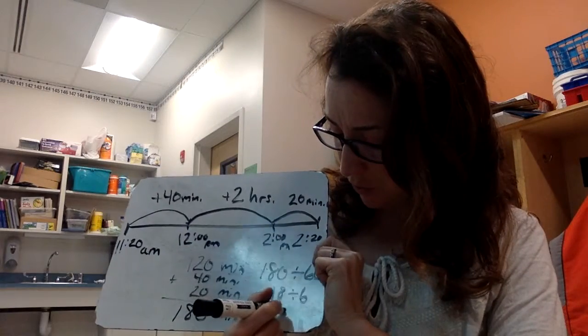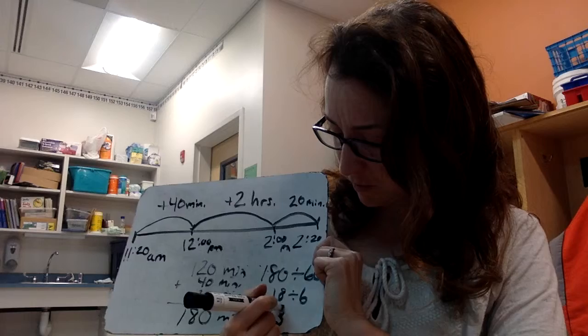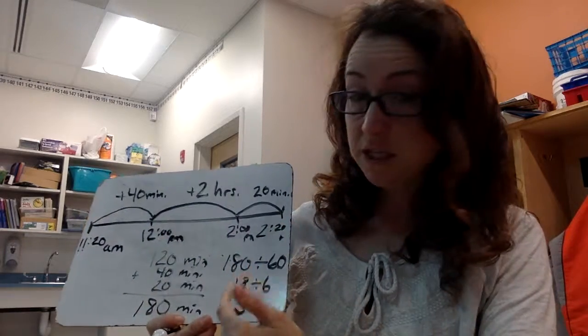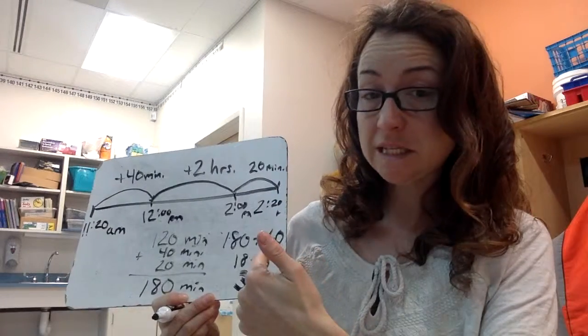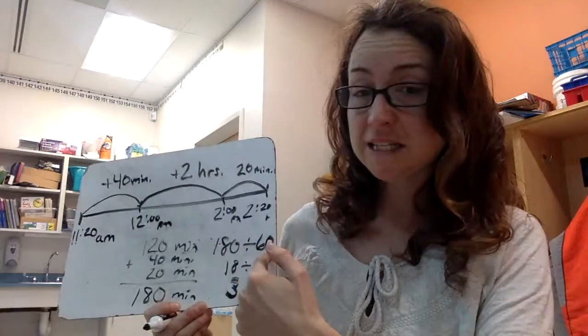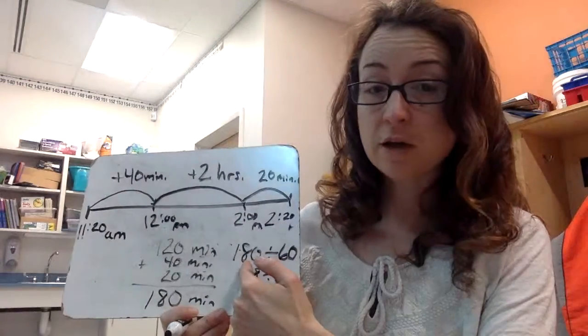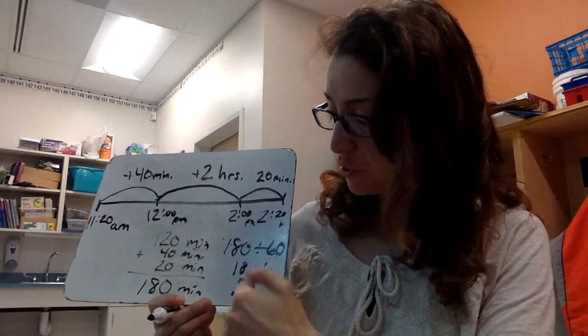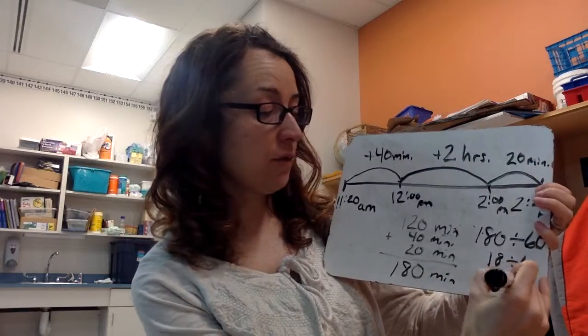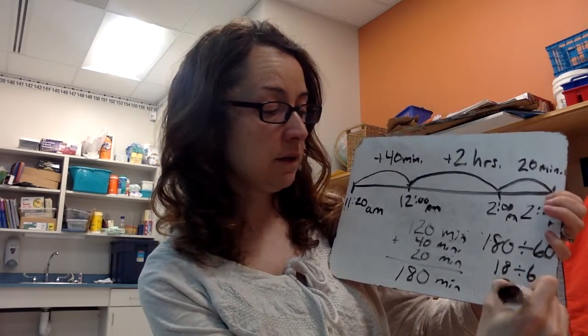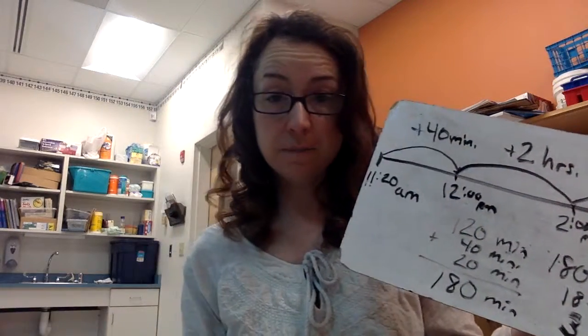So that would be 3 groups of 6, which is actually the same answer as 180 divided by 60. There are 3 60s in 180. So I'm getting the same answer now. So I'm going to say 3 hours is our elapsed time.